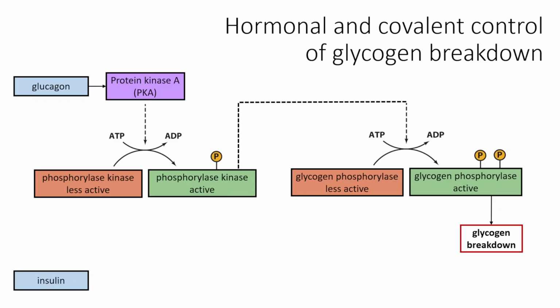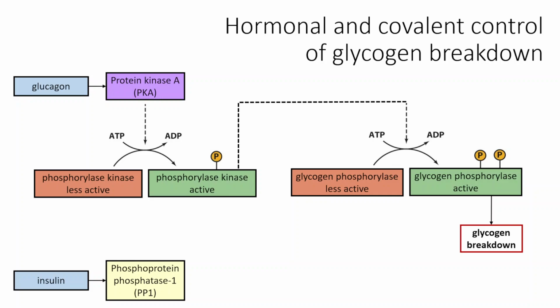On the other hand, insulin signaling occurs when there are high levels of blood sugar. Insulin is going to eventually activate an enzyme called phosphoprotein phosphatase 1, or PP1. And we know phosphatases are going to do the opposite of kinases. They remove phosphate groups.